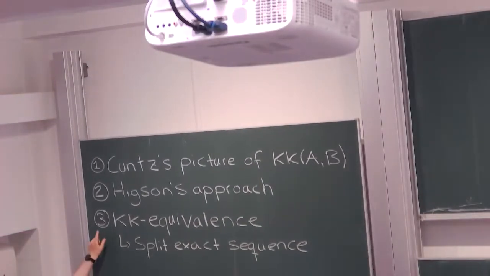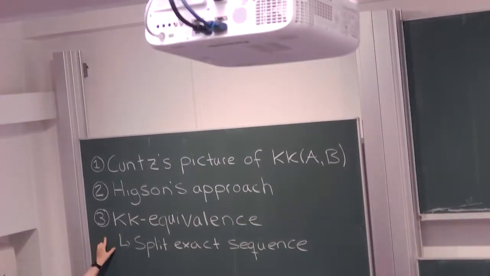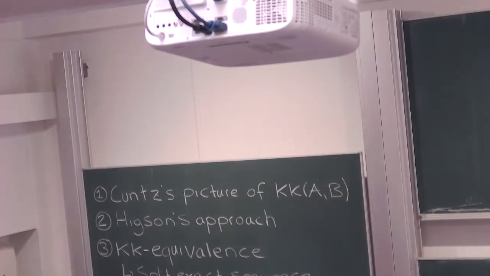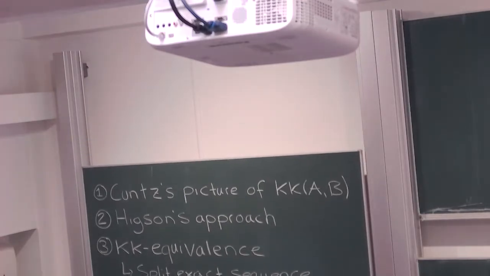Okay, so in the last part of this talk, I will continue where we left off last week Friday on KK-equivalence, and then I will also give you some more details about this split exact sequence, how to construct this explicit KK-equivalence, which I was talking about in my talk Tuesday. But first, I will explain another picture of KK theory by Cuntz.